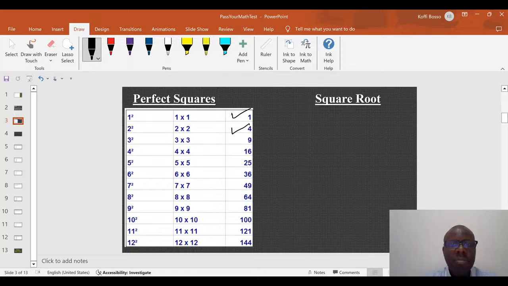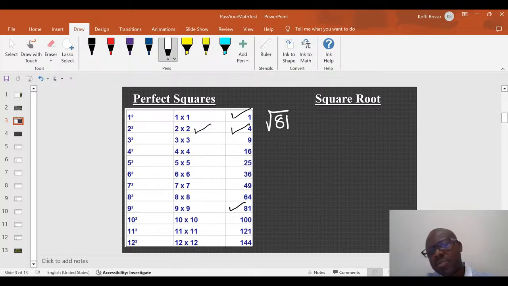4 is a perfect square because 4 is the same as 2 multiplied by 2. A number multiplied by itself gives a result, and that result is a perfect square. 81 is a perfect square because 9 multiplied by 9 gives you 81. If I want to find the square root of 81, I ask myself: do you know any number multiplied by itself that gives you 81?